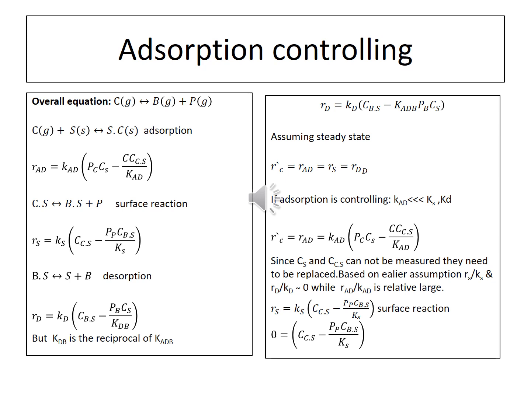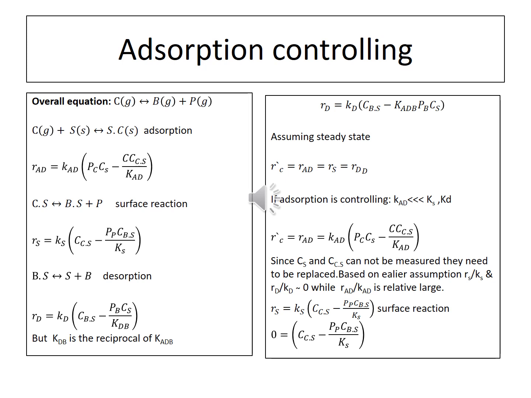In the surface reaction, we have C·S producing B·S and P, a product. And the last reaction will be desorption, which has the adsorbed B being released. And these are the equations. The assumption made is that at steady state, we have these 3 rates being equal.